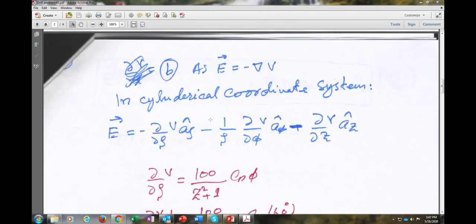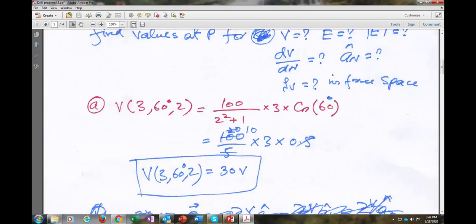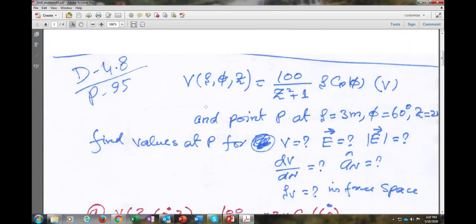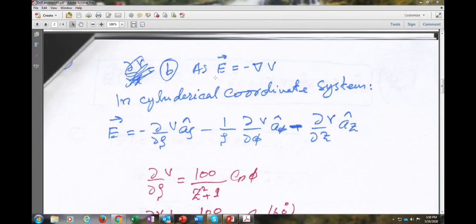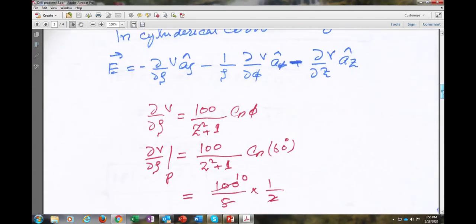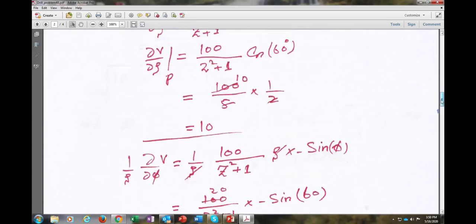Now we have been asked to find the electric field. So in order to find the electric field from the given potential, expand the negative gradient of scalar potential in cylindrical coordinate system, which is given by this relation. First differentiate the given potential with respect to rho, and then plug in the values of rho, z, and phi.